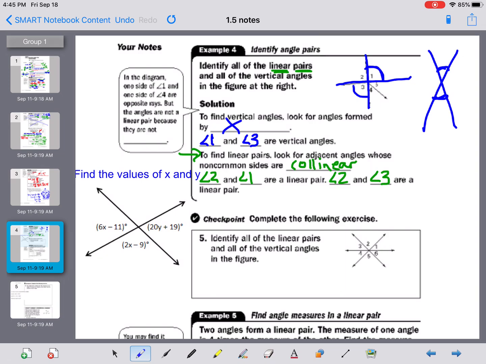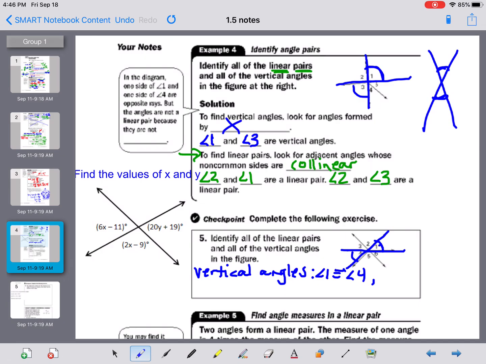Okay, so let's try this again here. Number 5, I'm going to start this time with the vertical angles since we just finished it. Okay, and remember, vertical angles have to be pairs, so formed by an X and straight across from each other. What do we see? Okay, I like 1 and 4 right there, 1 and 4. And I'm actually going to put congruent because they are congruent.